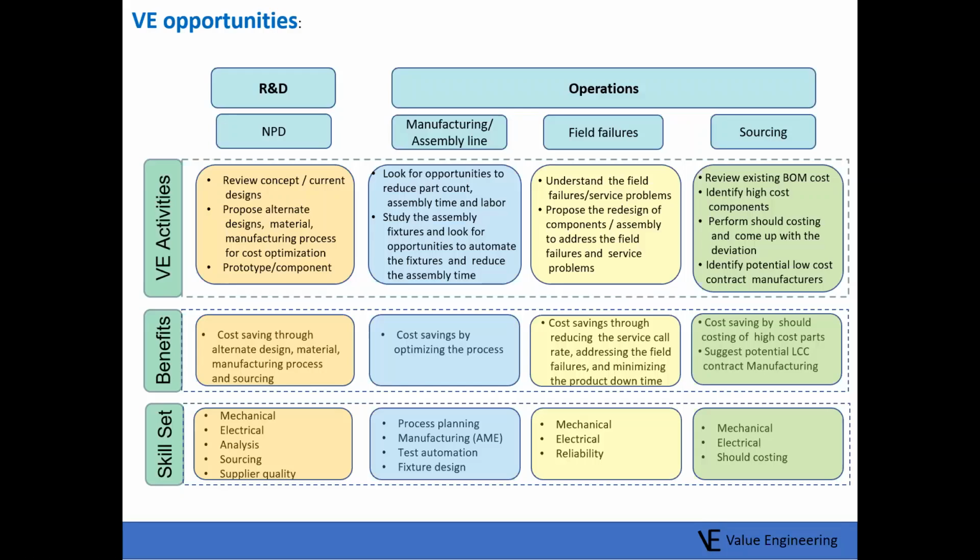So like that, in the manufacturing scenario, we can use these opportunities: new product development, manufacturing and assembly line, field failures, and sourcing. In these areas you can apply value engineering methodology to optimize the cost and improve the performance and improve the quality.